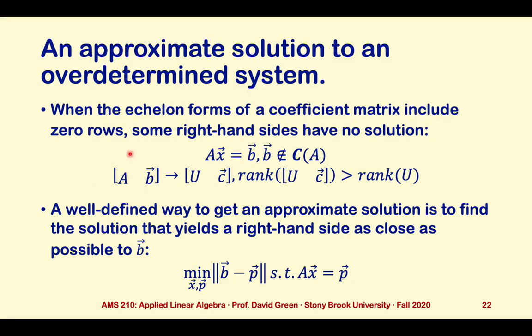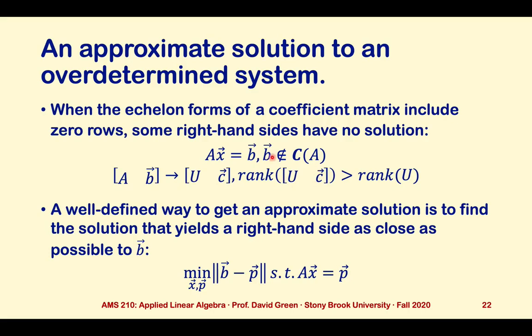If we start with an augmented matrix and carry Gaussian elimination through to an echelon form, and the echelon form U has a 0 row and C has a non-zero entry in that position, then the augmented matrix has kind of an extra pivot.